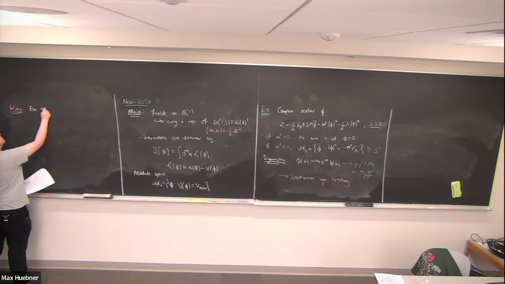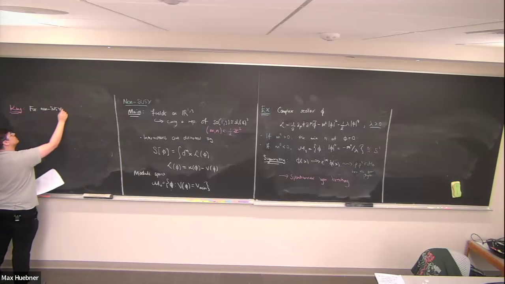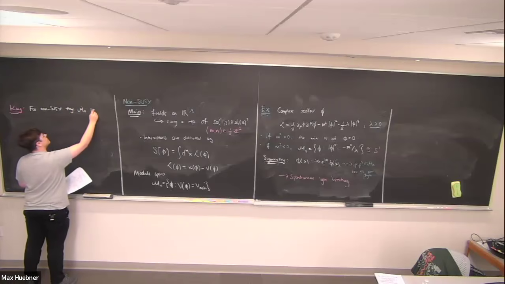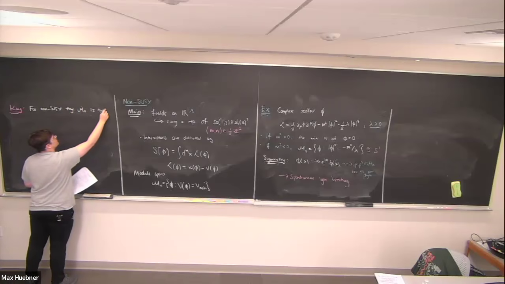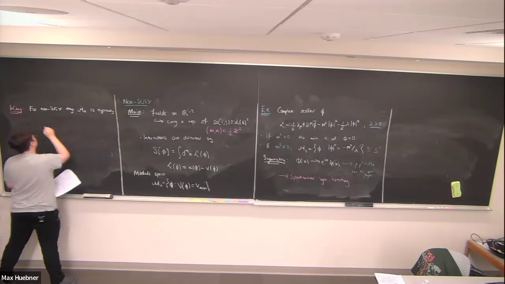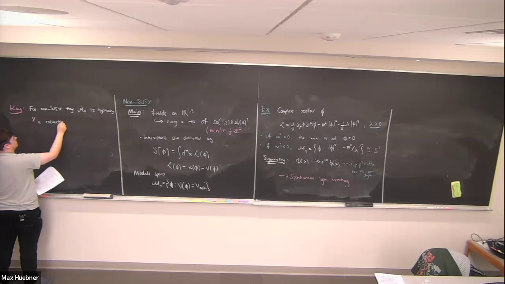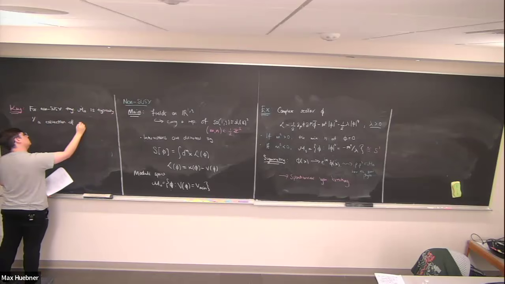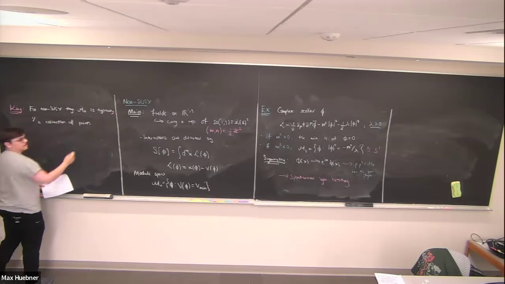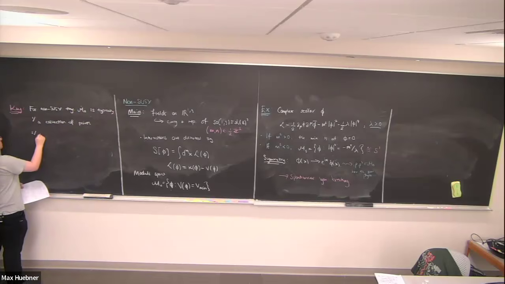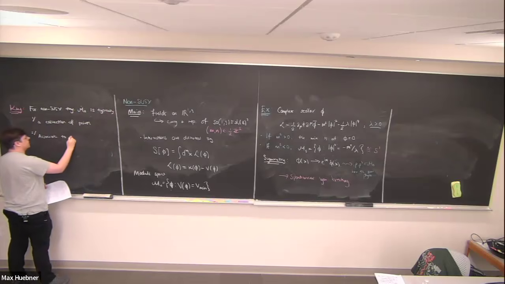For non-SUSY theories, M0 is typically either 1, a collection of points, so you just have some really disjoint vacua of your potential, or 2, associated to symmetry breaking.